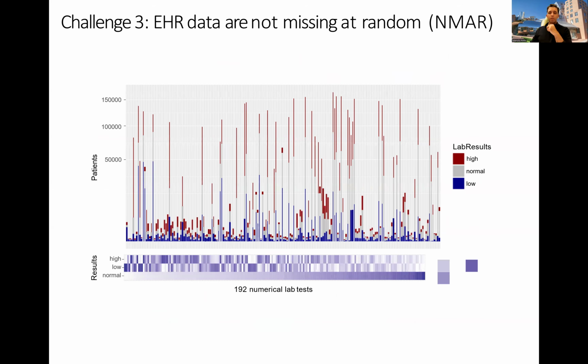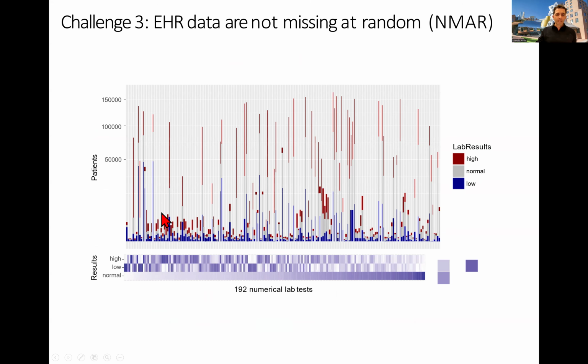And the last subtlety, which many, many people unfortunately ignore, is that the data is not missing at random. That's abbreviated as NMAR. So MAR is missing at random, NMAR is not missing at random. The reason is that, as I mentioned earlier, a lab test is prescribed when you expect the results to be abnormal.